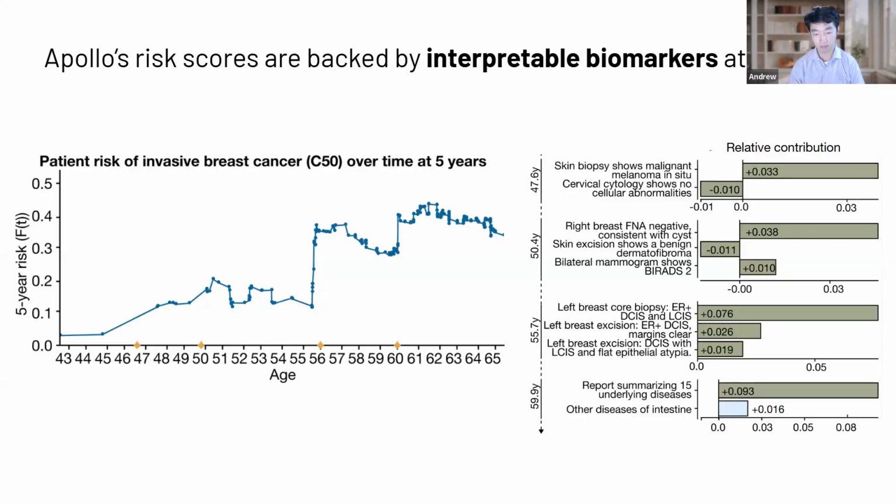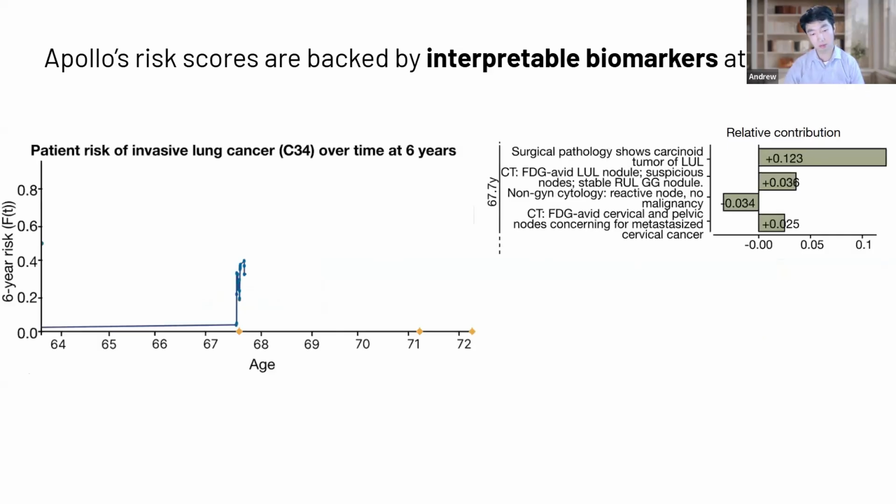Another example here is a patient who was eventually diagnosed with lung cancer. We see a large jump in risk from the carcinoid tumor of the left upper lobe. And on CT, you see a stable right upper lobe ground glass nodule that also increases the risk.